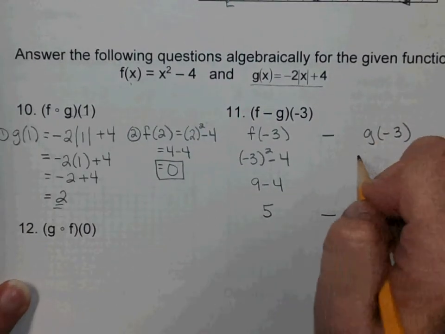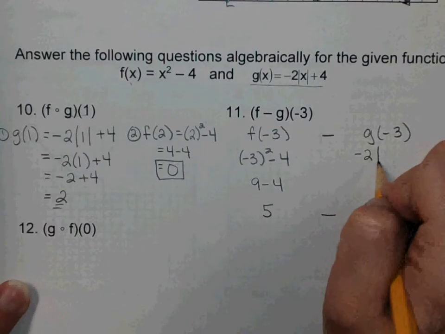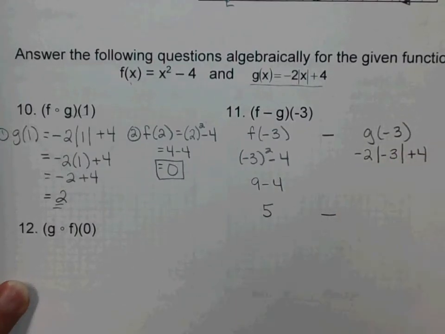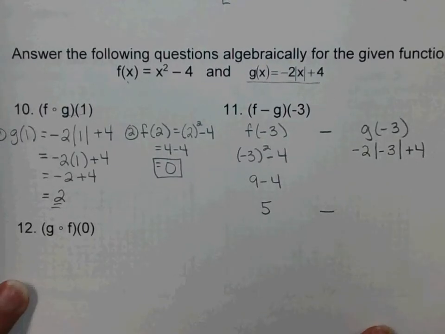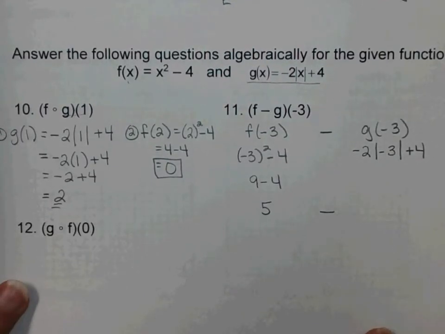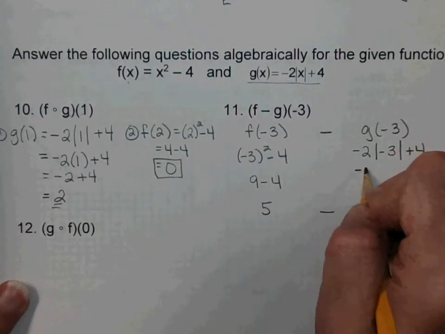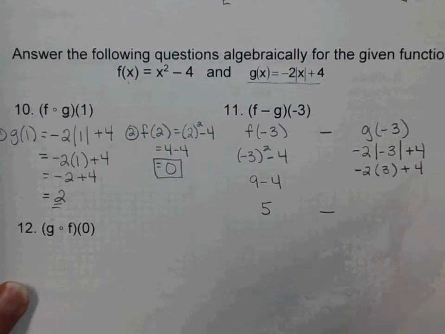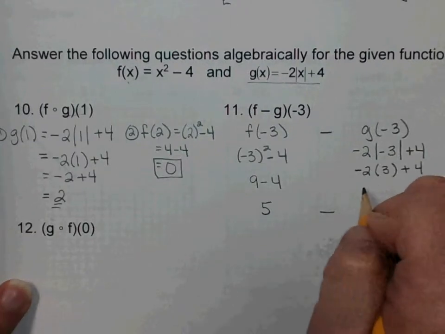g of -3 is going to be -2 times the absolute value of -3 plus 4. Remember, absolute value signs are like parentheses, so you have to do that first. The absolute value of -3 is 3. So this is -2 times 3. -2 times 3 is -6.